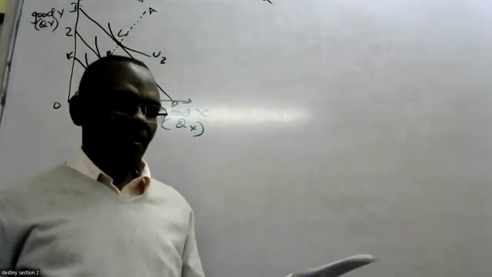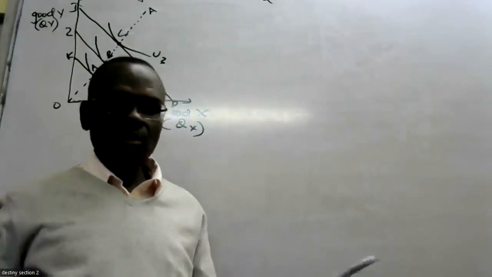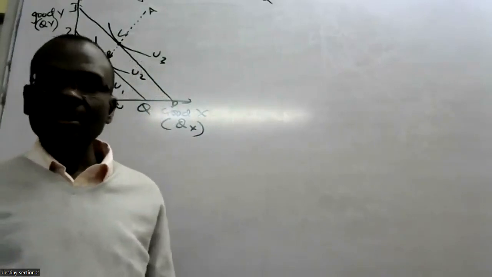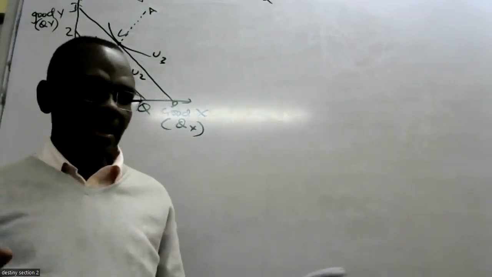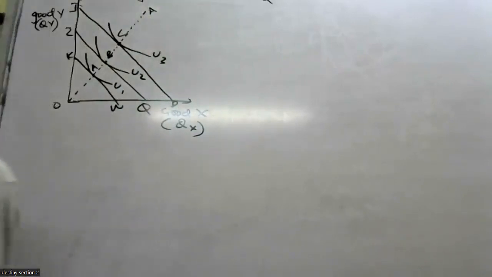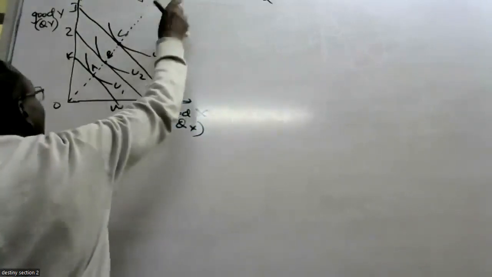The curve joining points A, B, and C is called an income consumption curve. The line OA is the income consumption curve, or ICC. So this is the income consumption curve.